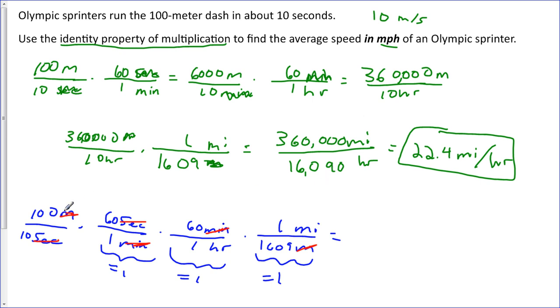So we've got 100 times 60 times 60. That's going to end up being that 360,000 up there. Miles is the unit left in the numerator. And guess what? 10 times 1,609 is 16,090. And that is hours. And that just equals this.